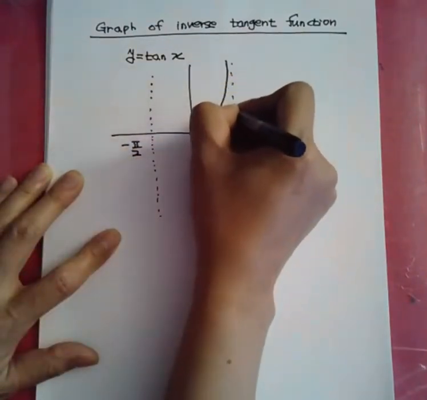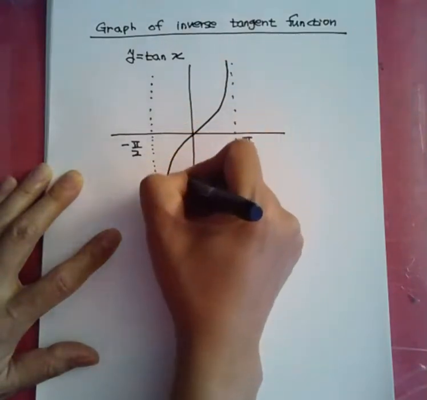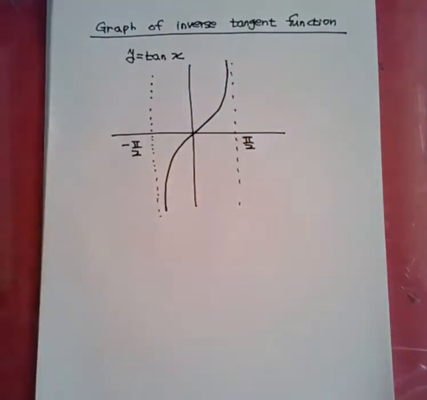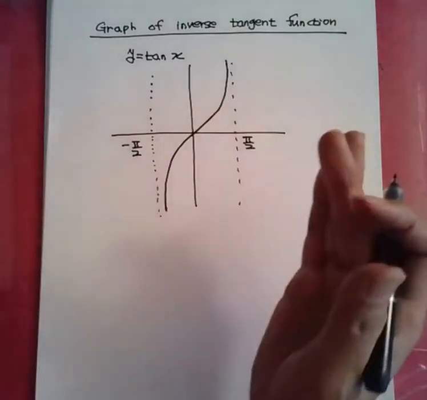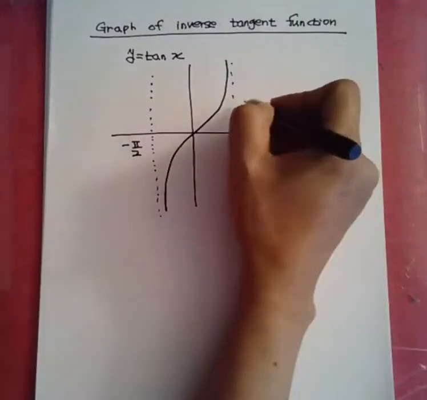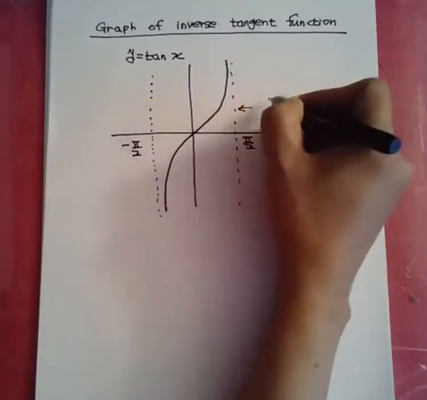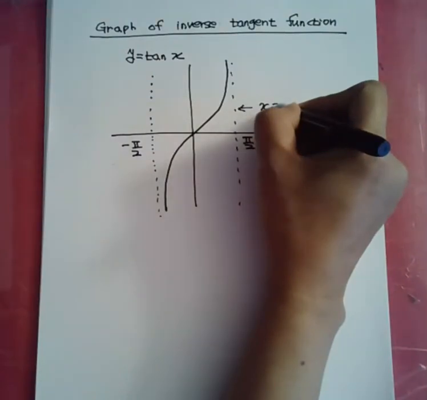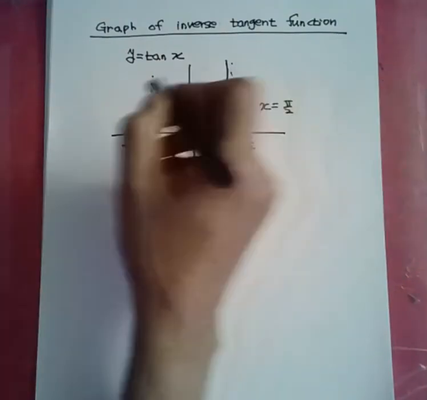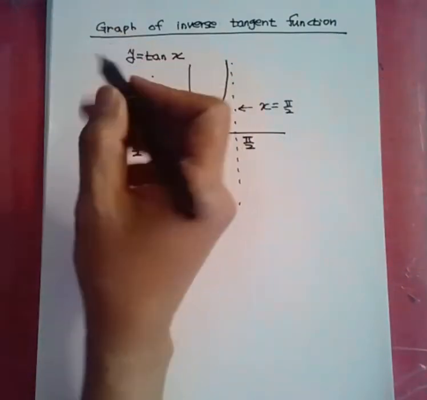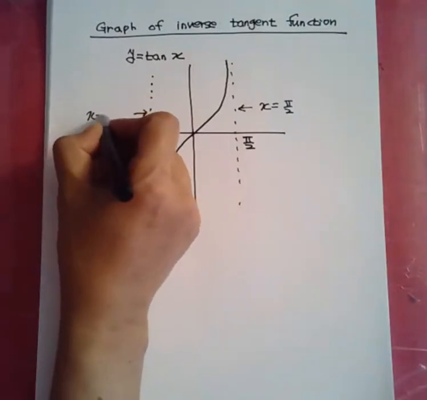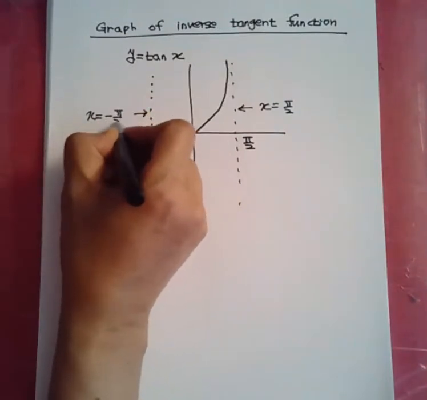We know the graph looks like this. Our strategy will be switching x to y and y to x. There is an asymptotic property. One asymptote is where x equals pi over 2, and the other asymptote is x equals minus pi over 2.